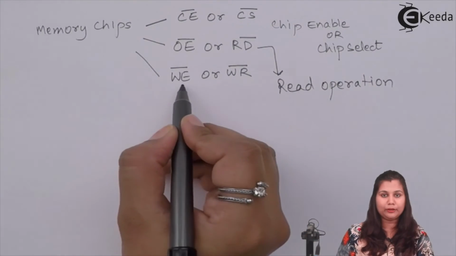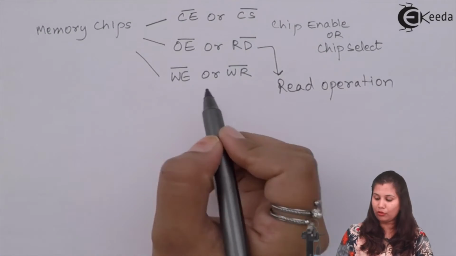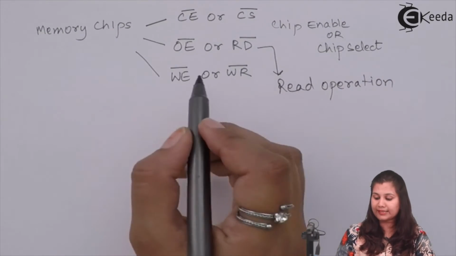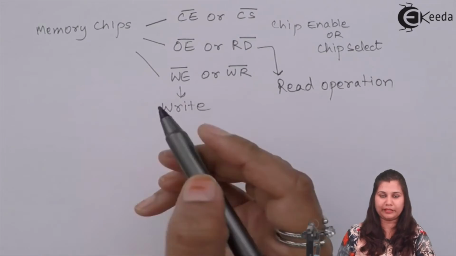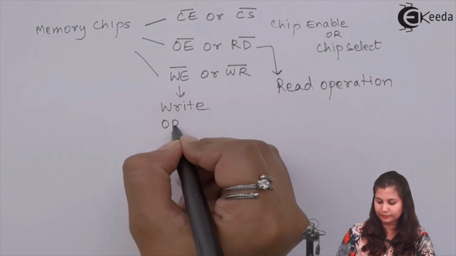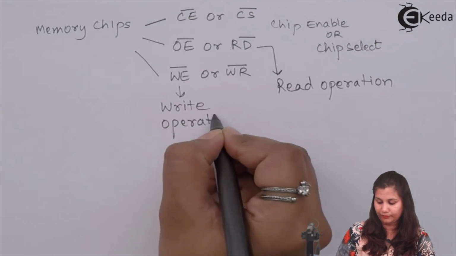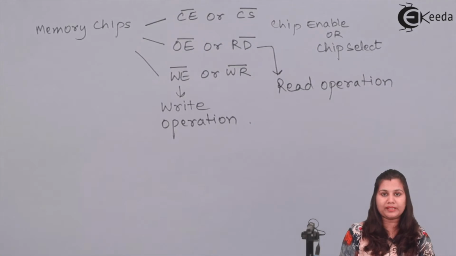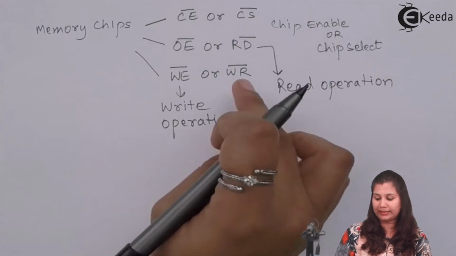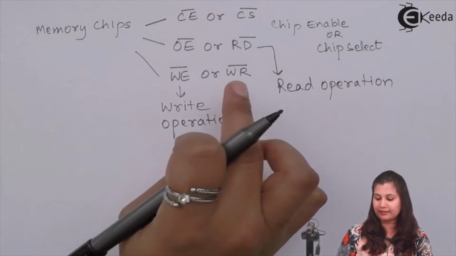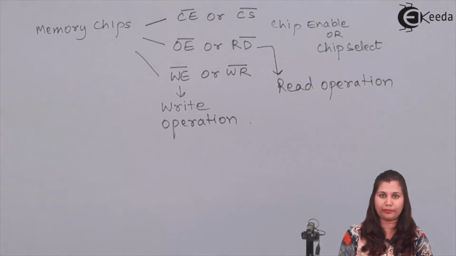Then we have WE bar, that is write enable or write signal. This signal is used to write the data byte into the memory chip. Whenever the microprocessor wants to store some data byte into the memory locations, it will activate this signal, and this signal is going to perform the write operation.